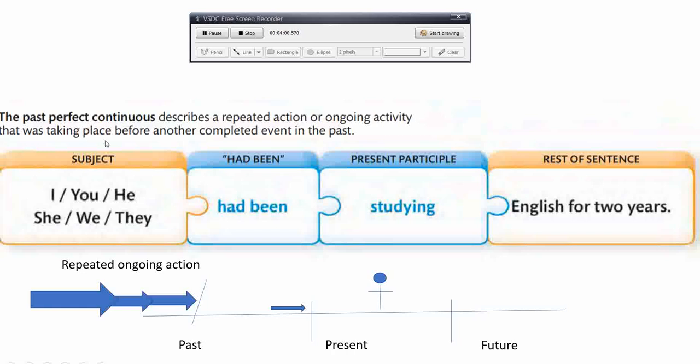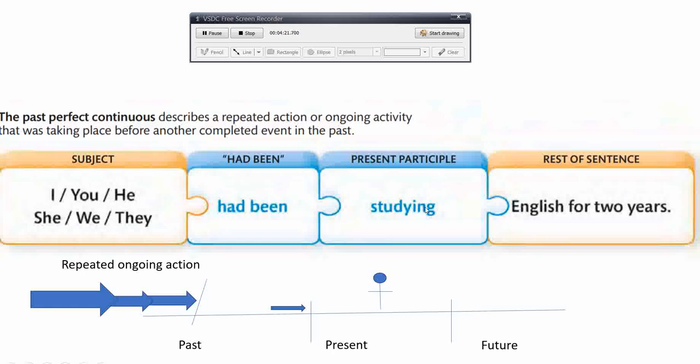Now let us look at the structure. We have the subject, we have had been. Now we see an addition over here. Had is for past tense, been shows continuous. And then we have the present participle over here. Now you might be wondering, when you are talking about past tense, why have the present participle?